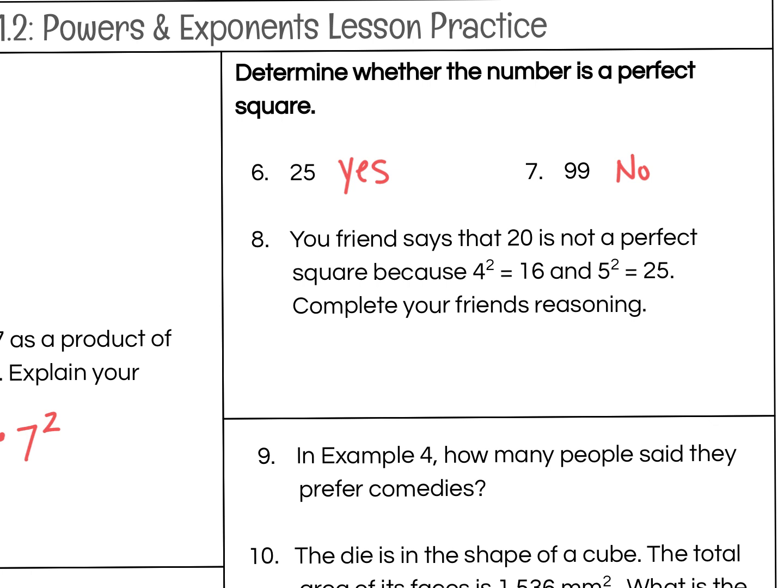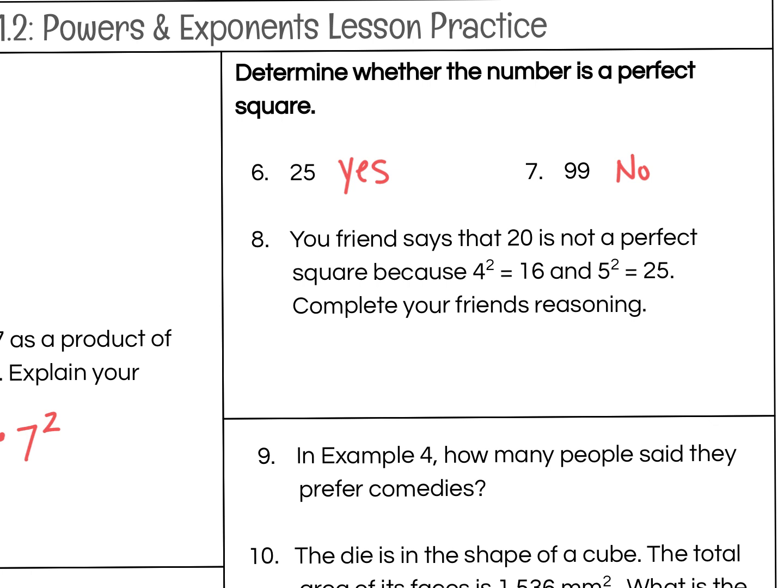Think about your base numbers for a second. You have a base number of 4 and a base number of 5. Is there a whole number between 4 and 5? No. So that's why 20 cannot be, because if we know that 4 squared is 16 and 5 squared is 25, there's not a whole number between 4 and 5 that I can square to give me 20.